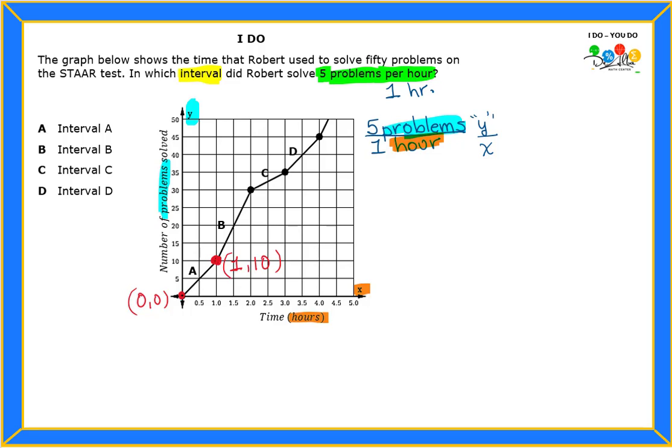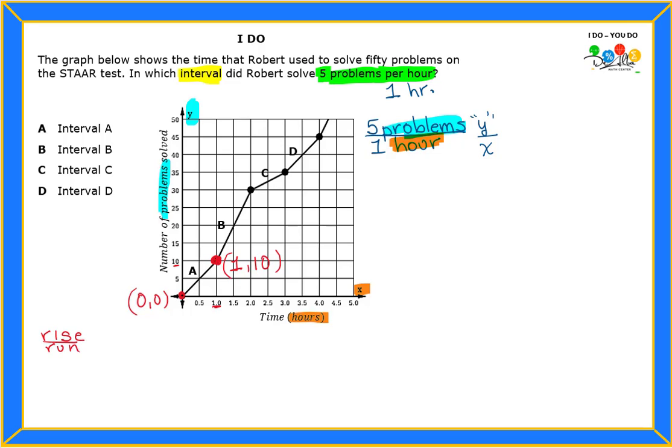Now, in order for me to find how many problems he did in that little time, we gotta look at the 2 numbers that are given to me. So I gotta look at the 1 and the 10. And again, I'm going like that because I started at 0. What I want you to do is think about rise over run.